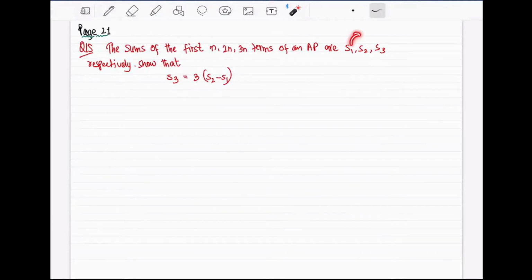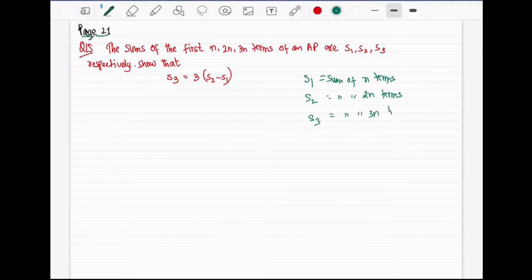So S1, S2, and S3, what do these three terms represent? S1 is the sum of n terms according to the question. What about S2? S2 is equal to the sum of, this n is changed into what now? Twice n. Sum of twice n terms. And what about S3? This will be the sum of thrice n terms.